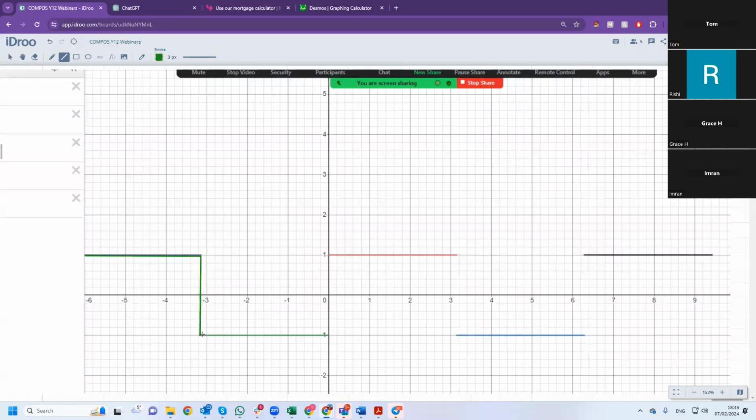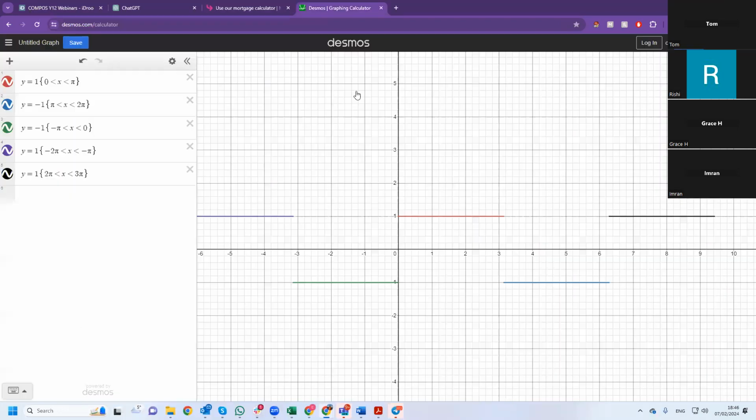Now, can somebody tell me, is this function odd or even? It is odd, of course. It has a point of symmetry.